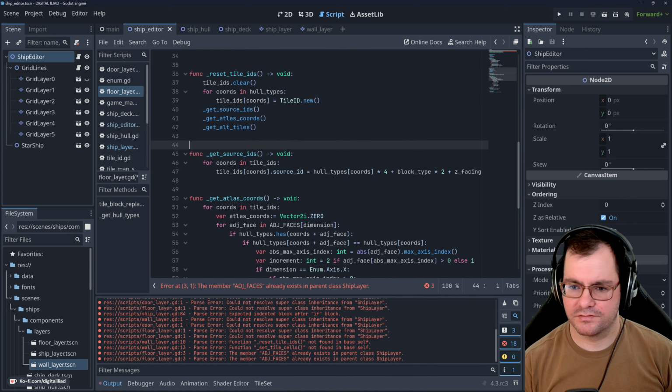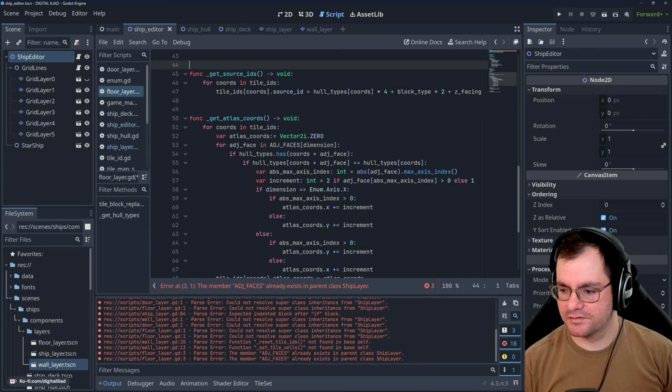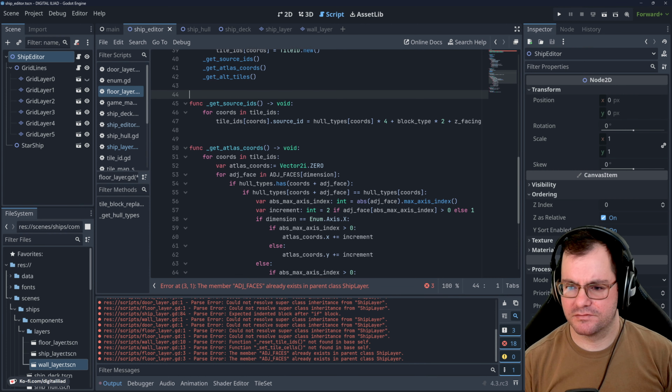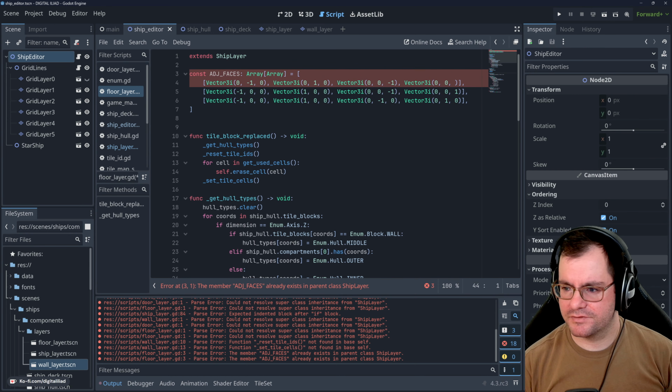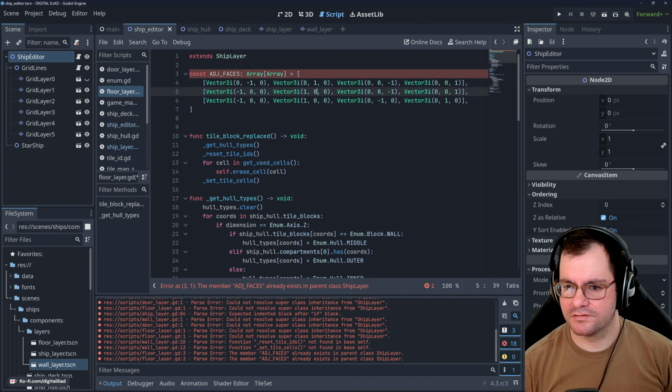Oh, there we go. I was like, how can I tell if I'm at 100% zoom? It's like right here. So if your dimension is Z, you actually need to do all of these. Actually, we can just leave this like this then. So if your dimension is X or dimension is Y, you do the same thing. So we do this. We just clean this up here.